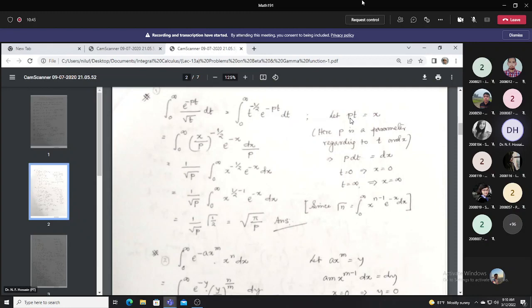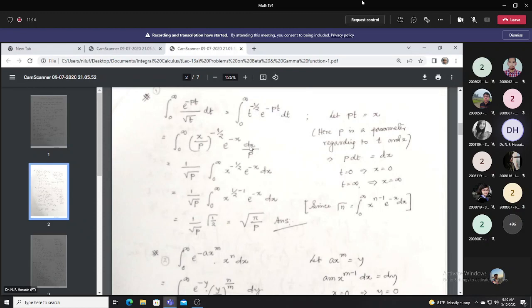So if you take the differential, it will be p into dt equal to dx. Now take the limits. When t equals 0, x should be 0. When t equals infinity, x should be infinity. So there is no change in the limit. And in the next step, 0 to infinity, what should be the value of t? t is x by p. x by p whole to the power minus half into e to the power minus x dx by p.